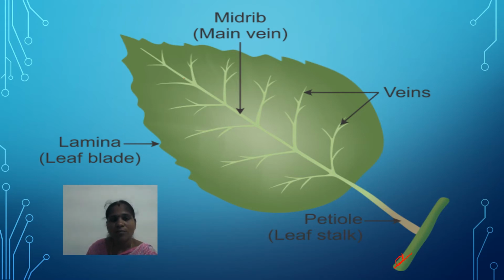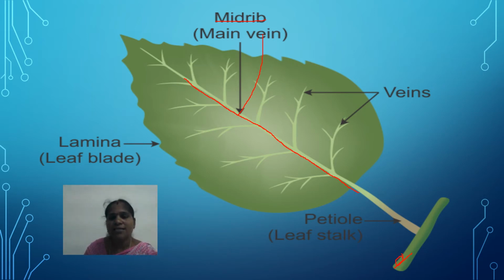In the middle we can observe this thick line. This is called the main vein or midrib.